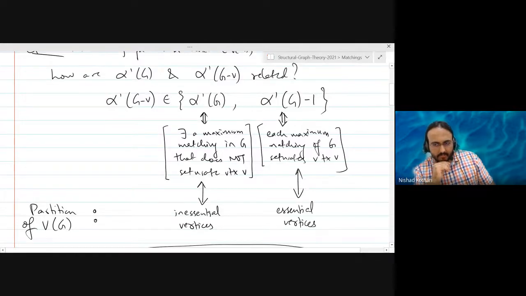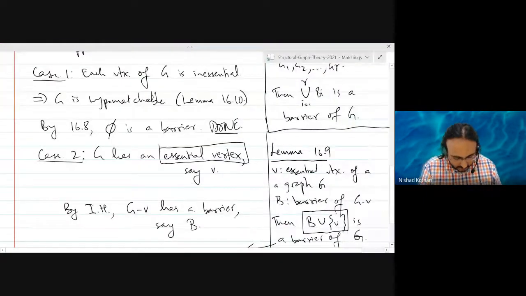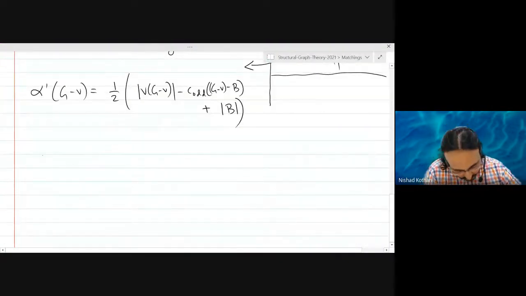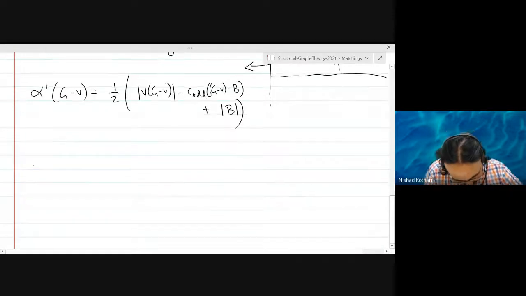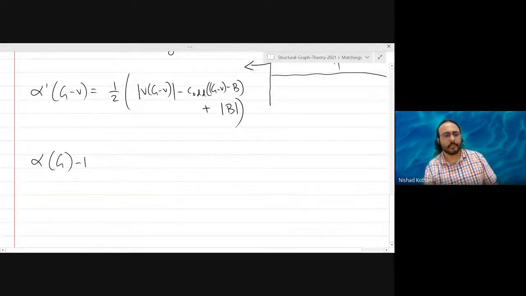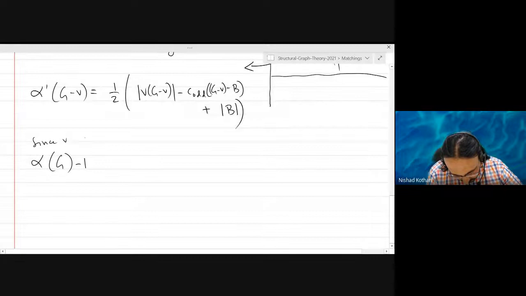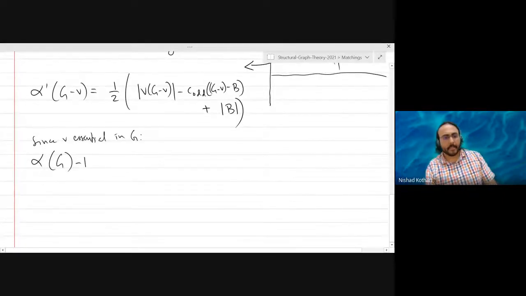So we know how to relate by definition the matching number of G minus V and G. This is basically the original matching number minus 1, since V is essential in G.